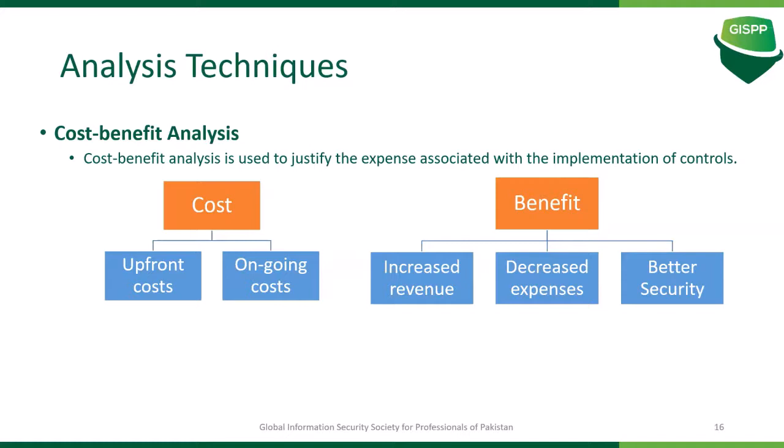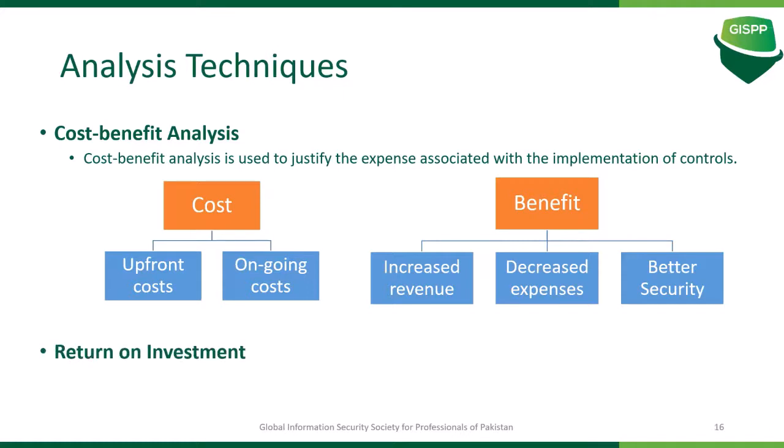Ongoing cost includes license cost, maintenance cost, cost of support, and technical assistance. When we are talking about the benefits, as we already discussed, benefits are different. As you can see: increased revenue, decreased expenses, better security, trust from the customer, faster recovery. There are so many ways that we can get benefit.